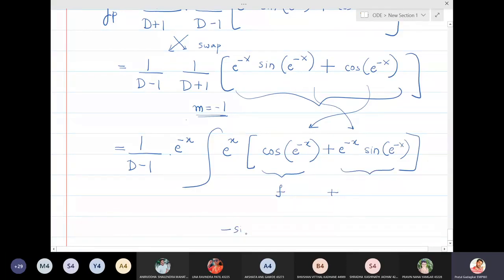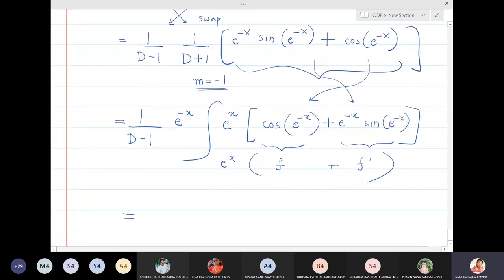It is minus sine e raised to minus x into minus of e raised to minus x, so that will become plus. So this is the derivative of that function, and this is e raised to x into this. What is the integration of e raised to x into f plus f dash? It is e raised to x f, which is 1 upon (D minus 1) e power x into e power minus x into e power x f.